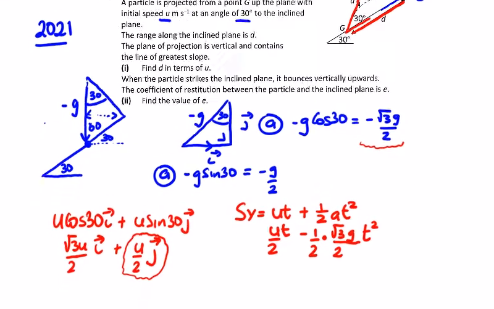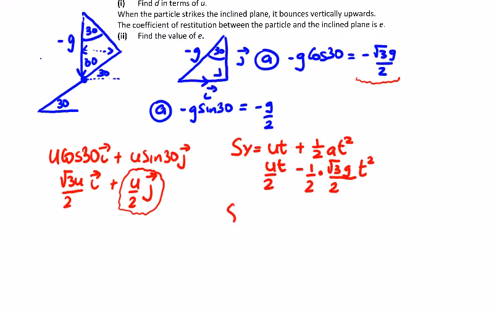So the time taken to get to the landing point, we'll be able to figure out here, is going to be, if we factor out the t, we're going to get t times u over 2 minus root 3g over 4 times t.